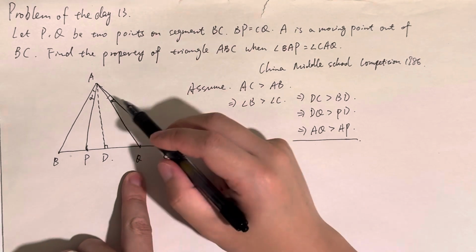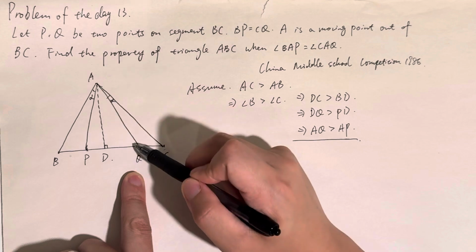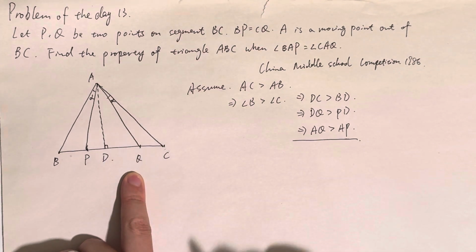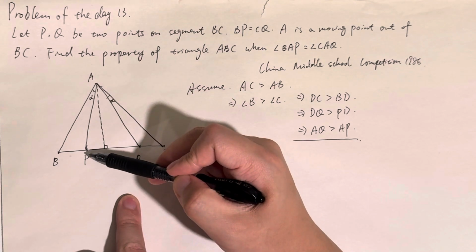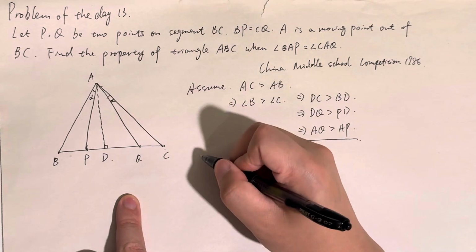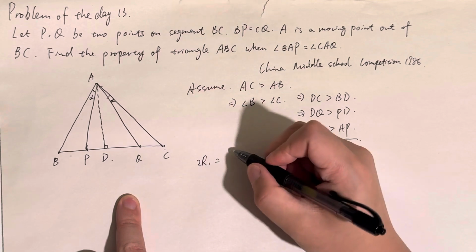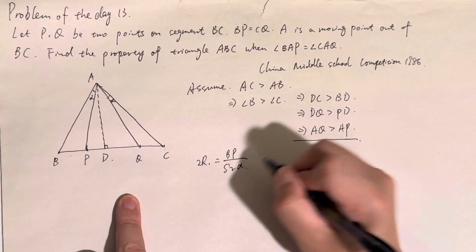And we already know that angle BAP equals angle CAQ, and BP equals CQ. For the circumcircle of triangle ABP, let's call its radius R1. So 2R1 equals BP divided by sine alpha.